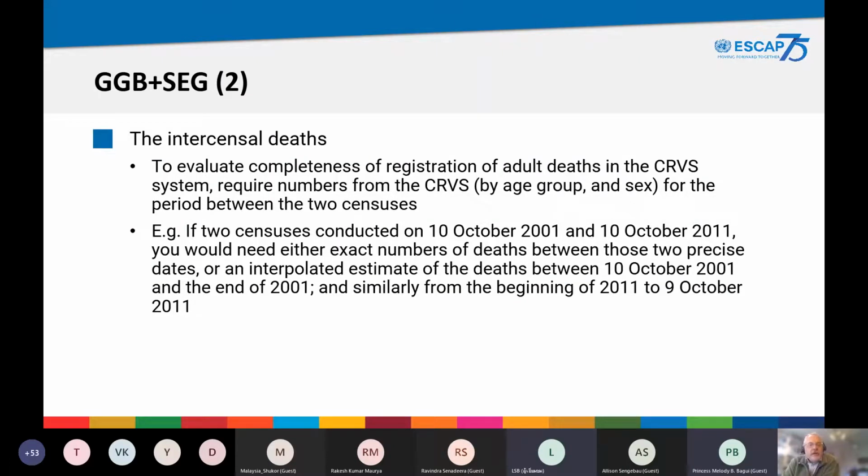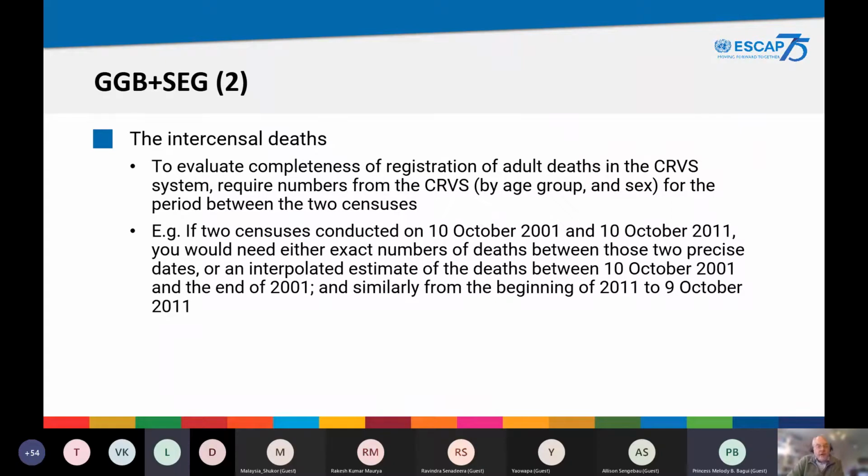So you can imagine, for example, if you had two censuses conducted, the first on the 10th of October 2001, and the second on the 10th of October 2011, you would need to be able to extract the exact numbers of deaths by age at the time of death in those age groups and for the open age interval between those two precise dates, which would mean that you'd have to have data on your civil registration system which would allow you to exactly pull out the deaths that occurred between the 10th of October 2001 and the 9th of October 2011.